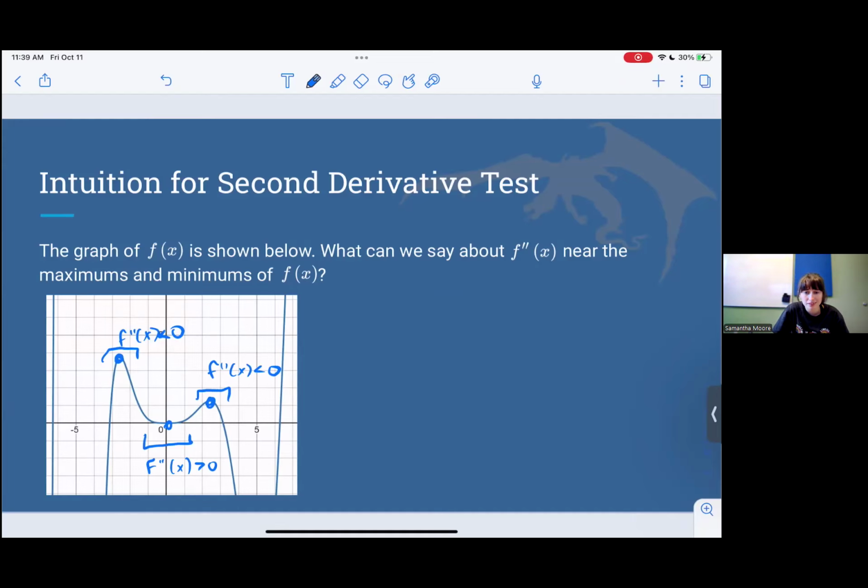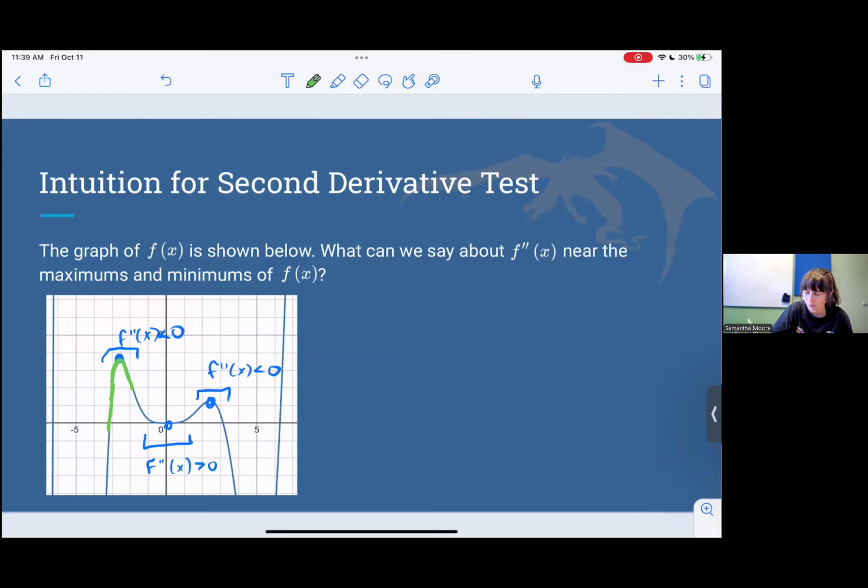And again, you can play with other examples, and you'll see that at relative maxes, f double prime is going to be negative, and at relative mins, f double prime is positive. So that is one part of the second derivative test. But just remember, just because f double prime is negative, that doesn't mean we're definitely going to be at a relative max. For example, in this whole region, we're concave down like a frown.